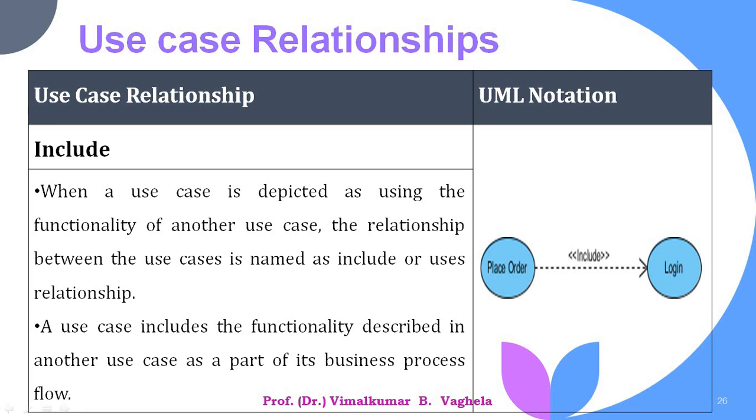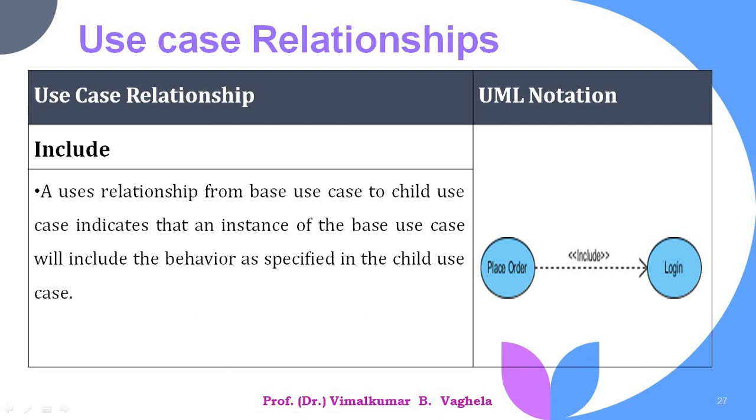A use case includes the functionality described in another use case as a part of its business process. A usage relationship from a base use case to a child use case indicates that an instance of the base use case will include the behavior as specified in the child use case.